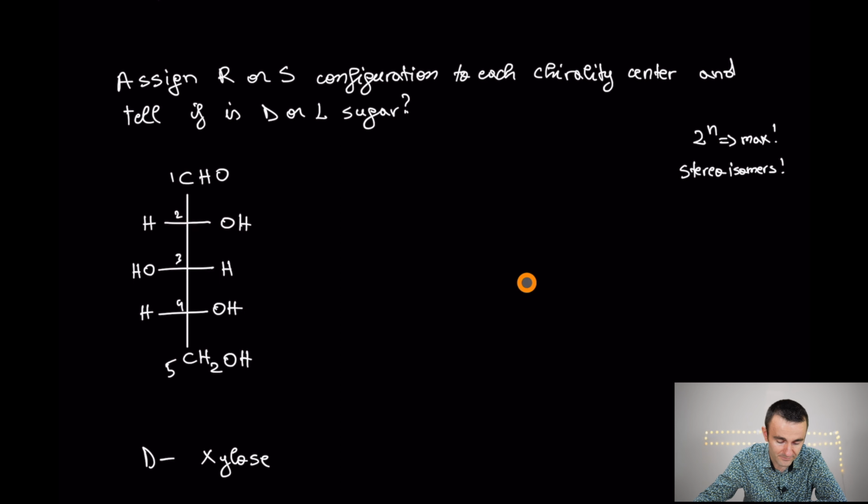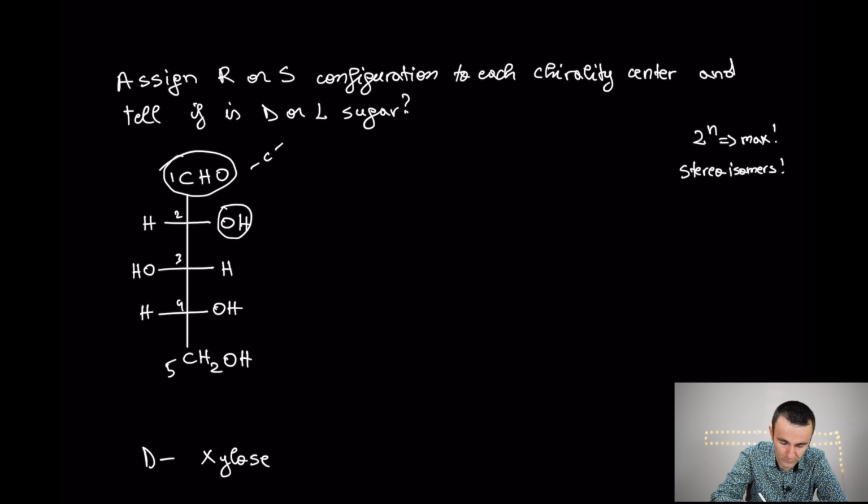The second one, yes. So who has the highest priority here? OH. Second comes this carbon here, because it is connected like this: carbon, oxygen, and carbon, oxygen, if you remember. But this carbon here is connected with one oxygen and another carbon.